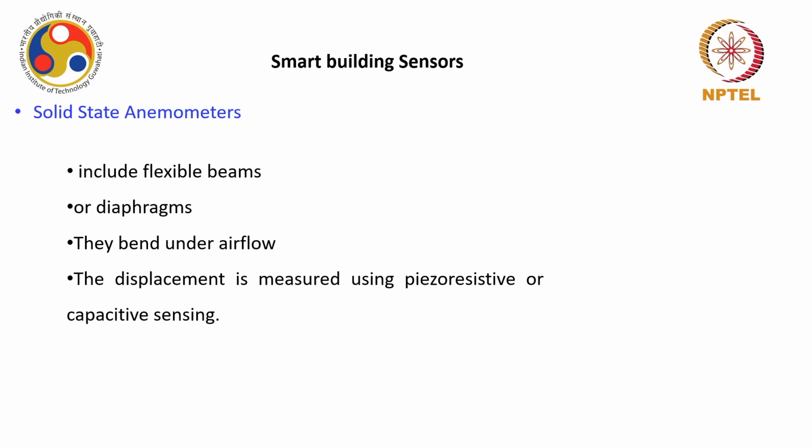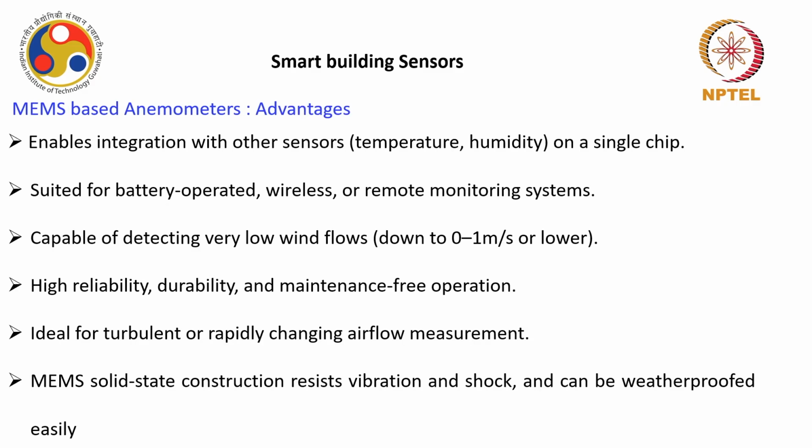So, those kind of cantilevers are utilized in the solid state anemometers, and these cantilevers or diaphragms can actually flex when there is a change in the airflow. And the displacement is measured using piezoresistive or capacitive sensors, and this can be translated into the wind speed.